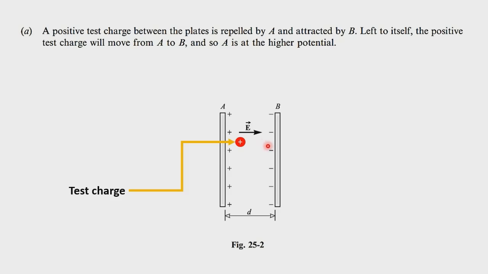But when you apply energy, then you will be moving the potential difference from B to A. So definitely the answer to where you find the highest potential is somewhere in A. So A is where the higher potential can be found.